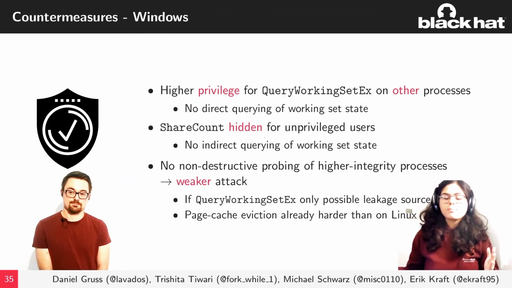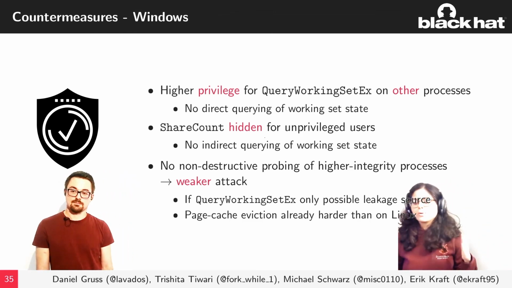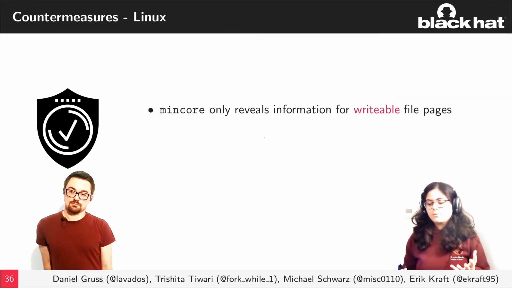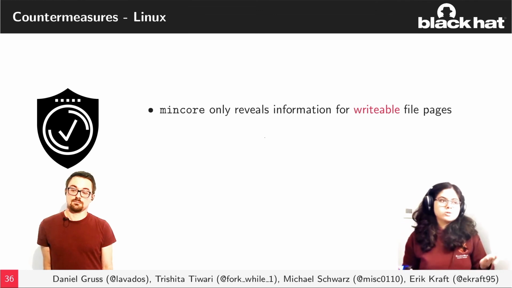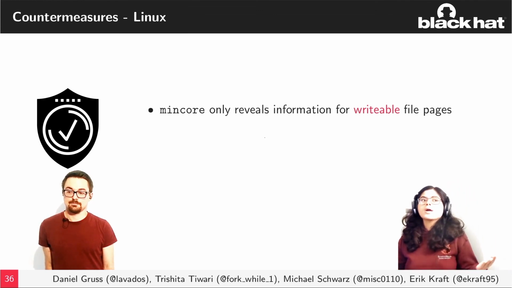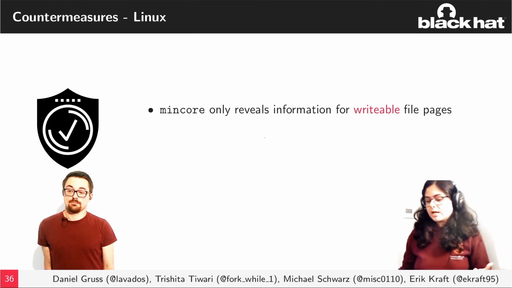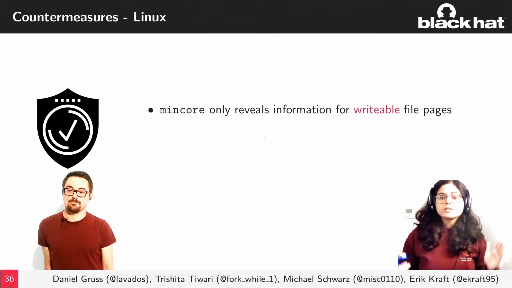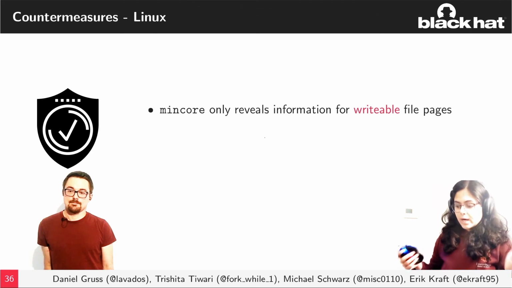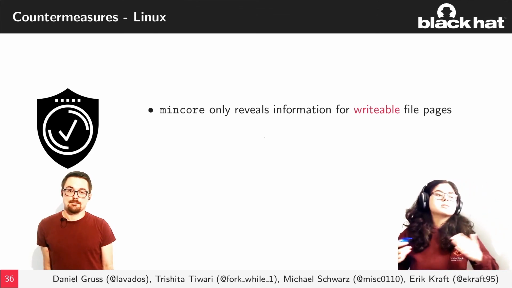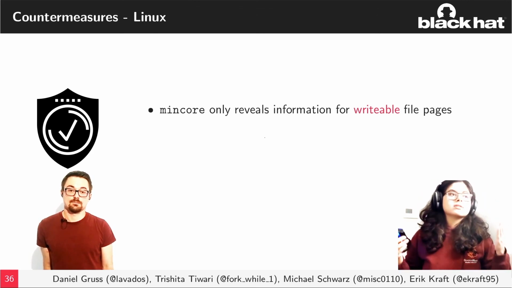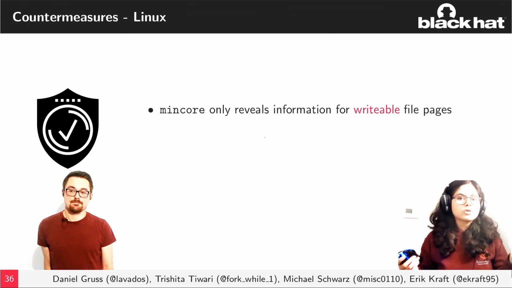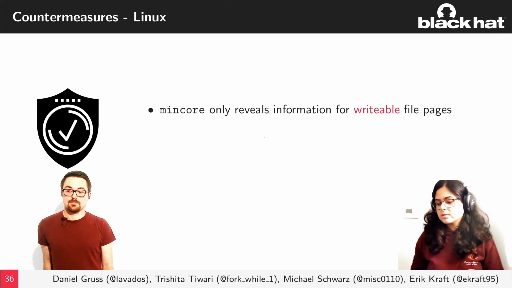So now let's talk about what people did on the Linux side. The first thing that they fixed was the mincore system call, which is essentially what was used to spy on these pages in the page cache. So now, after the fixes, mincore only reveals information on writable pages. This means that if the attacker has only read permissions to a page, it can no longer use mincore to spy on that page because of the patch.